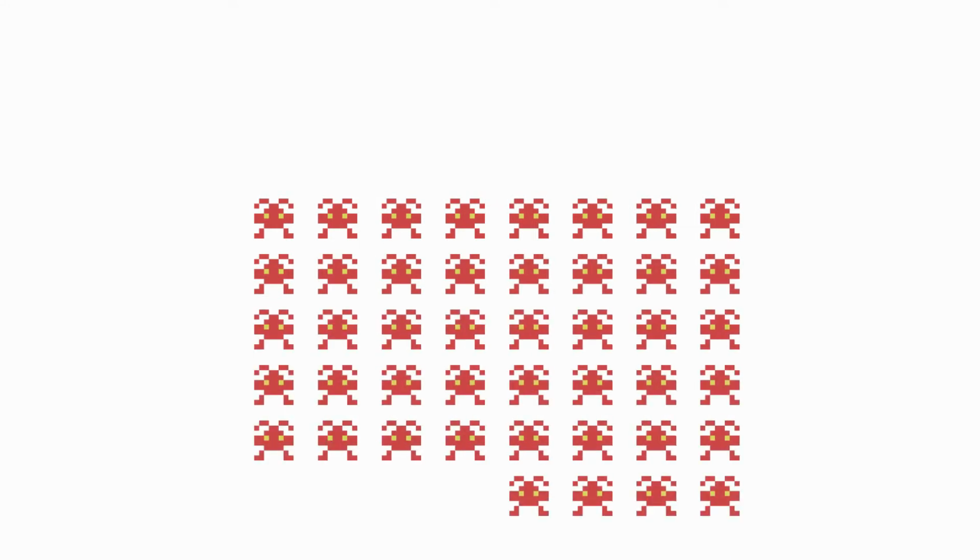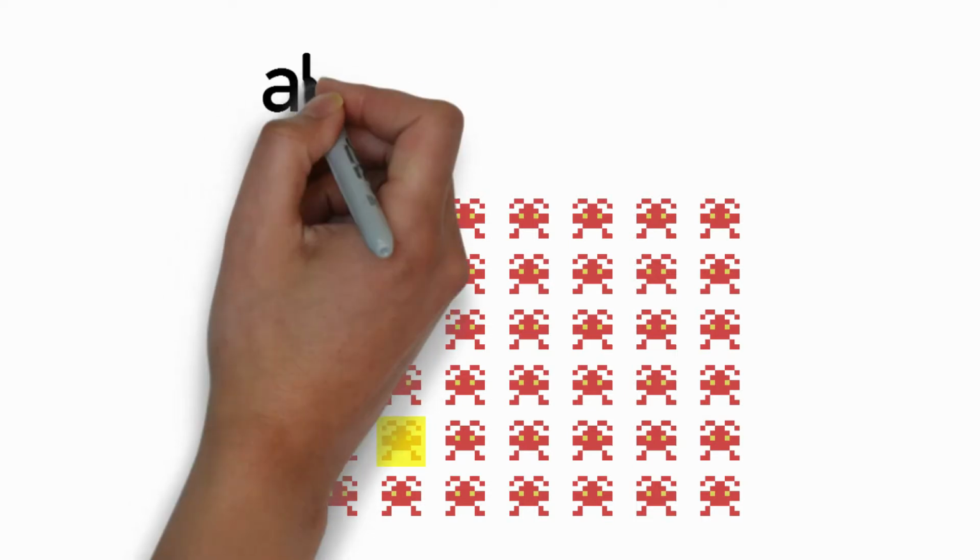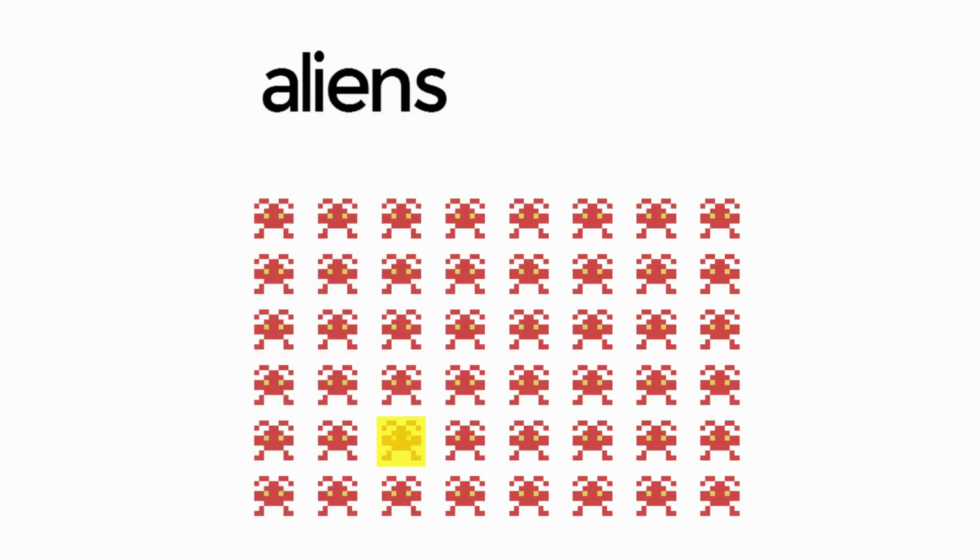But we now need to work out that within our full grid of 48 aliens, how do we identify a single alien in our new array within array structure? Well, we know that our aliens variable is an array of rows of aliens. The alien that's currently highlighted is in row number 5.